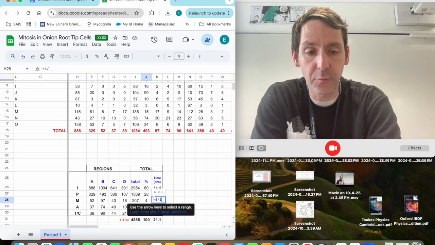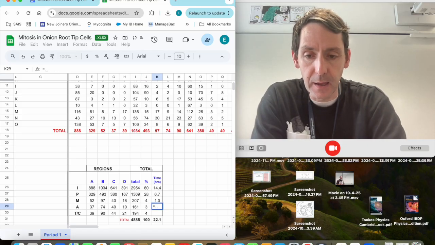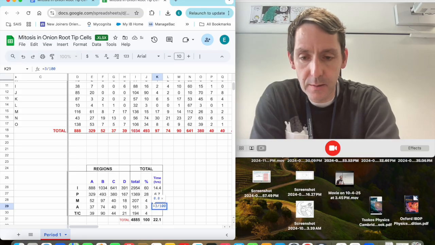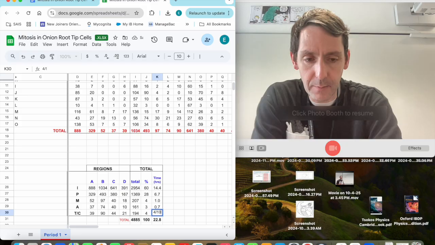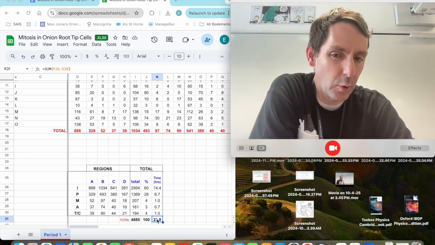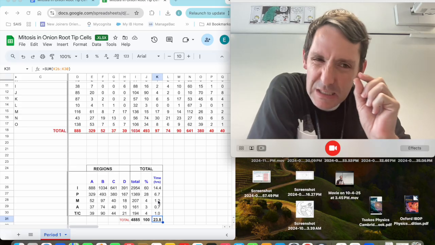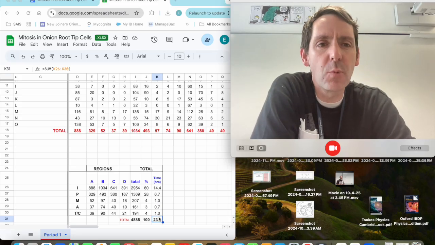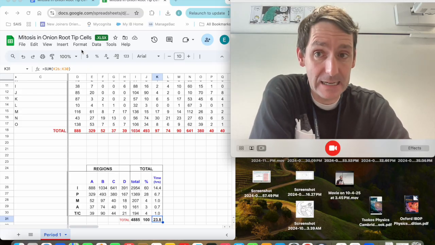I'm just going to use the 4 divided by 100 times 24, the 3 divided by 100 times 24, and the 4 divided by 100 times 24. Yep, I do need an equal sign there. All right, so at that point, I do get a total of 23.8. That's because there's some rounding that went on there, so my numbers are slightly off, but it does more or less add up to 24 hours. So therefore, I've done part D now, right?